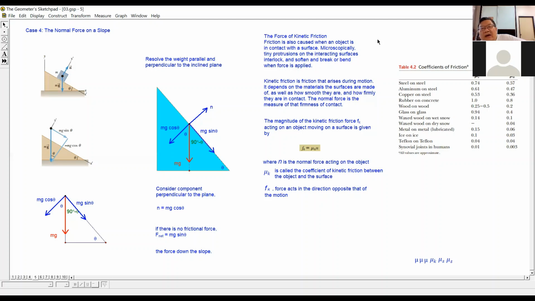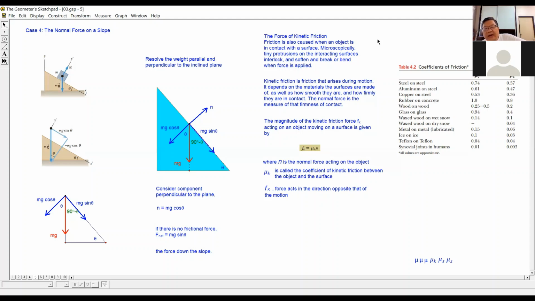The normal force is the measure of the firmness of contact. The magnitude of the kinetic friction force Fk acting on an object moving on the surface is given by Fk = μk N, where N is the normal force acting on the object. μk is called the coefficient of kinetic friction between the object and the surface.